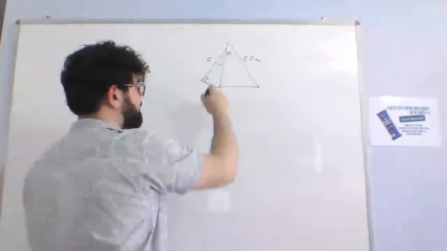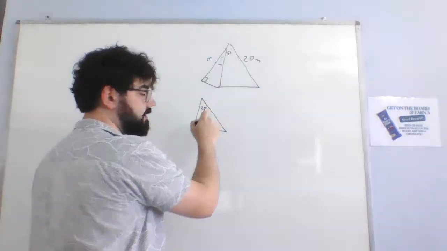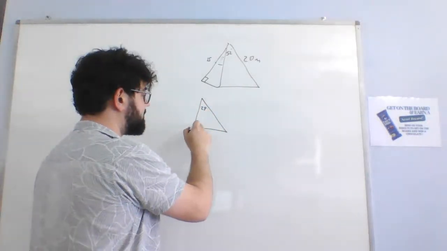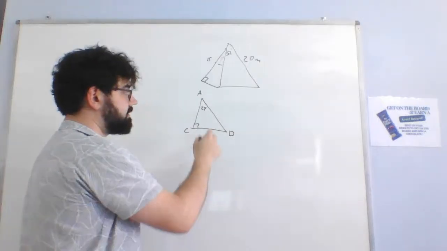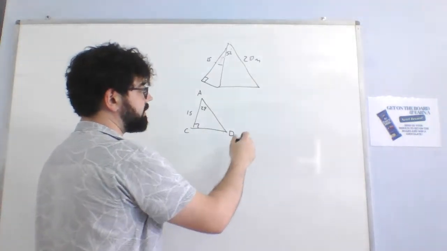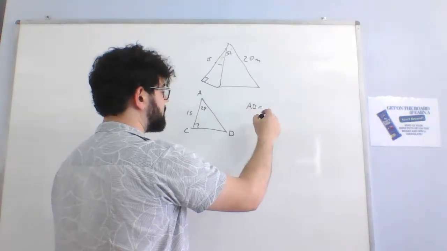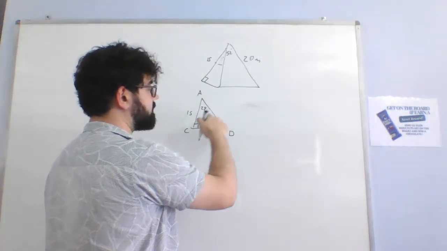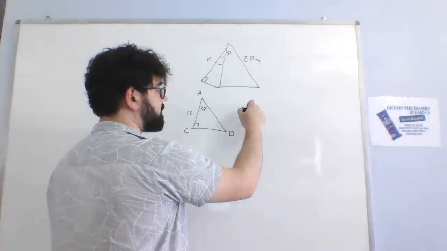Now, AD, if we're looking in relation to that angle at the top, this is what AD looks like. It is a 28 degree angle at the top, it is C, A, and D. So we know that that's 15 meters. If we want to work out AD, start with the angle, right? We want to look for the adjacent over the hypotenuse.